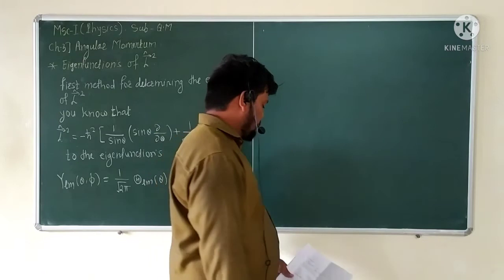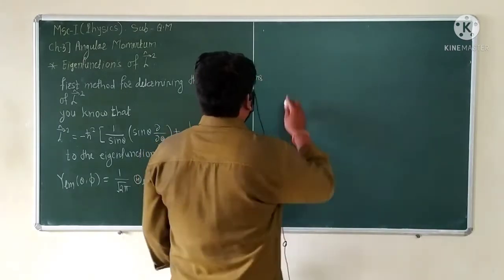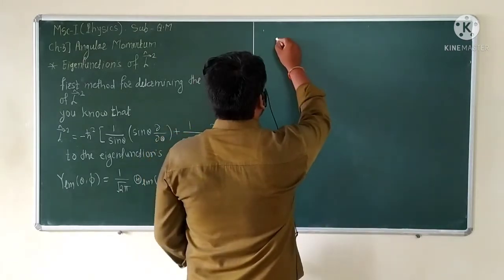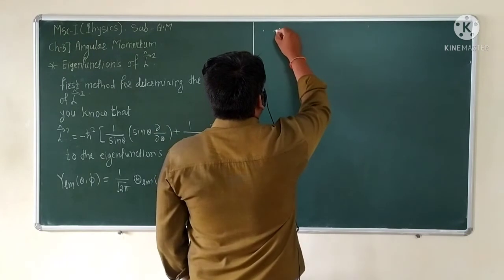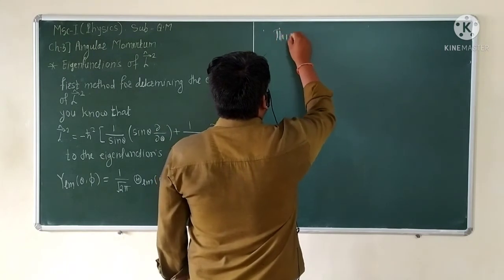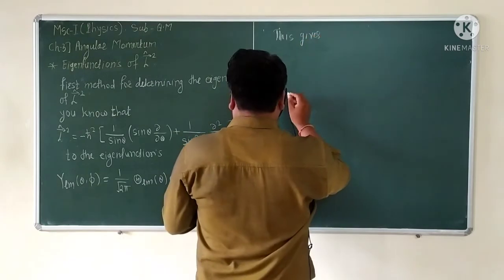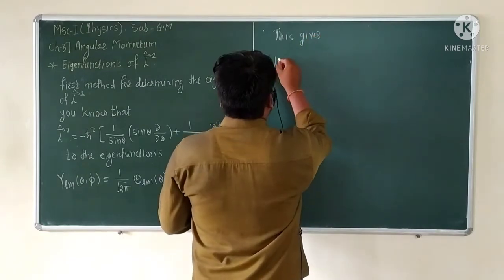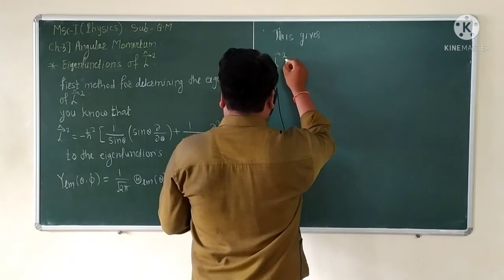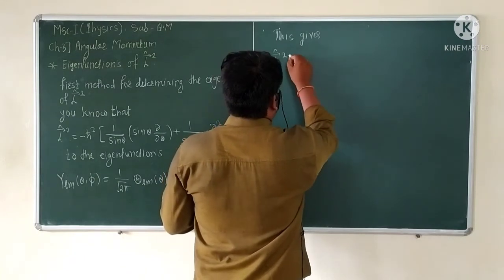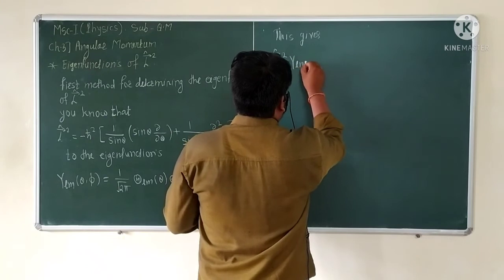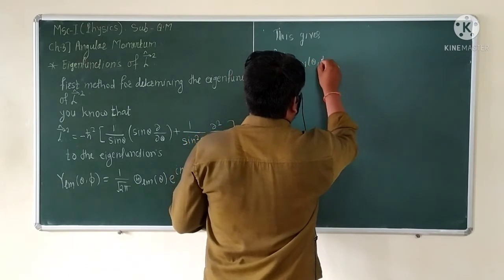Okay, so using these two equations, we get the next equation, which is L bar square on Y Lm of theta and phi.